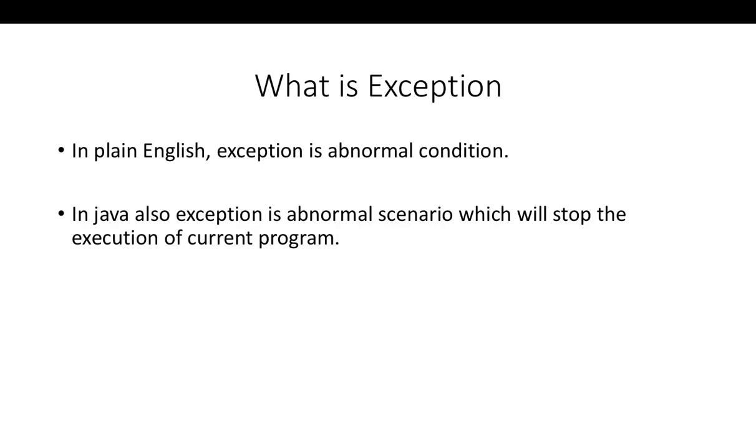In the same way, Java also treats an abnormal scenario as exception. Okay, so due to this exception, Java will terminate your current program. So let's say some activity we are performing, or some test we are performing, and in between some exception is coming, and if you do not handle the exception, it will terminate the complete program or your script.